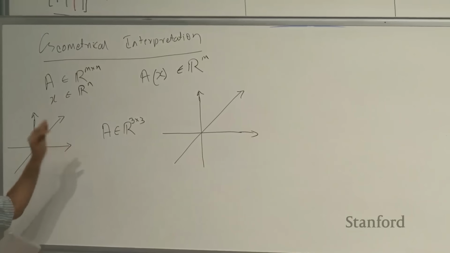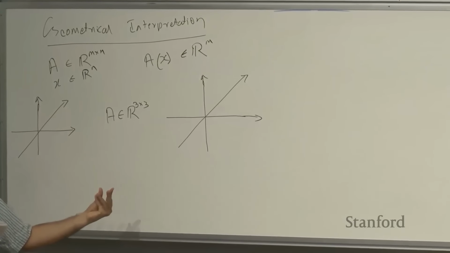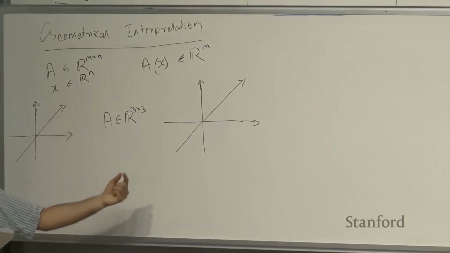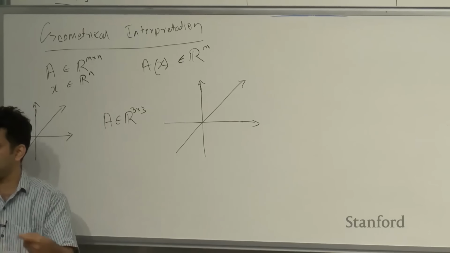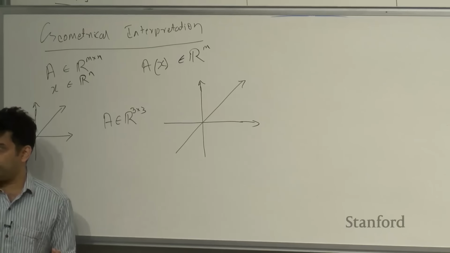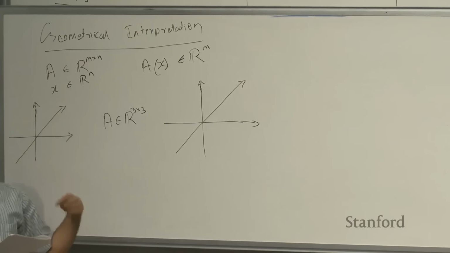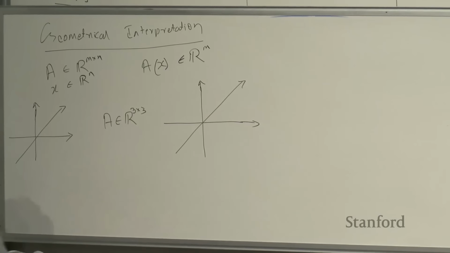Now we are thinking of A as a function, which takes as input vectors, and the outputs are also vectors. So x is a vector, Ax is also a vector. They can be in different dimensions, yes, right? So it takes as input an n-dimensional vector and produces an output which is an m-dimensional vector, right?